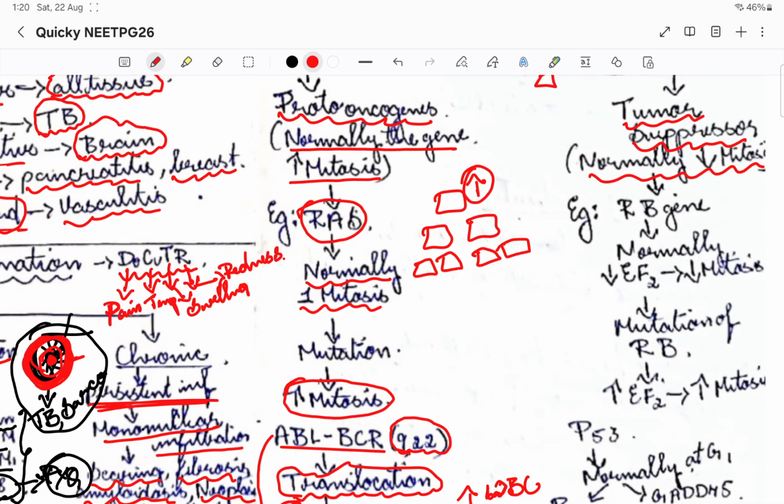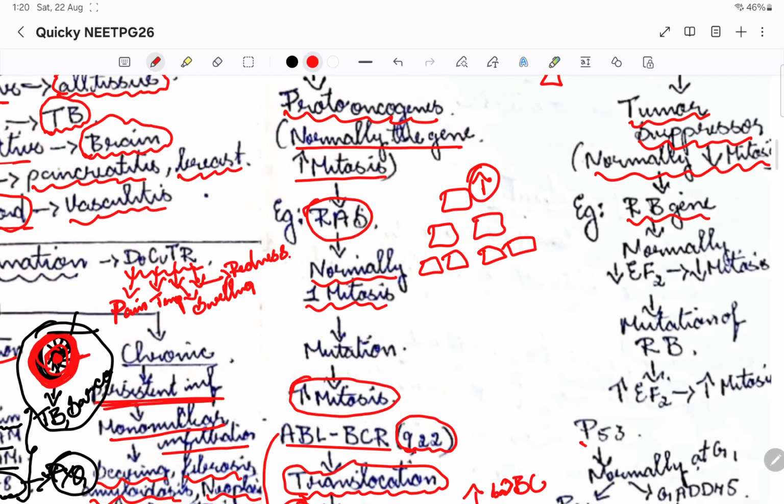So the best examples are the RB gene and the P53 gene, which we have been discussing since the beginning of the series, right? So the retinoblastoma gene: we had talked about elongation factor in the cell cycle, and in protein synthesis also we had discussed elongation factor.